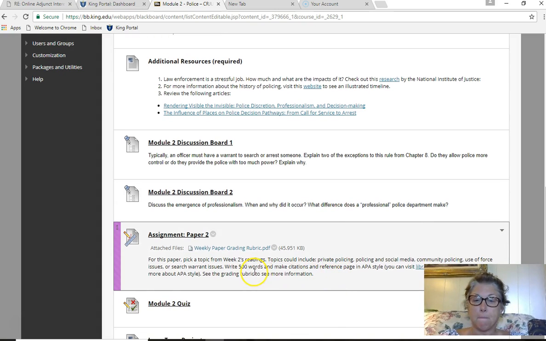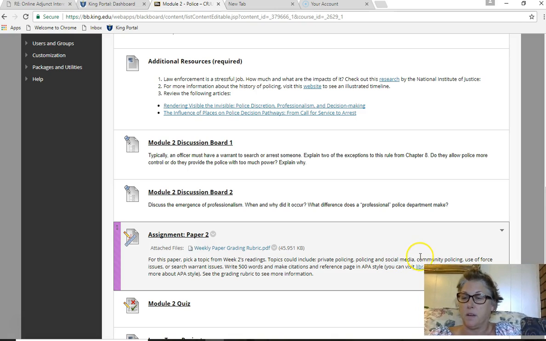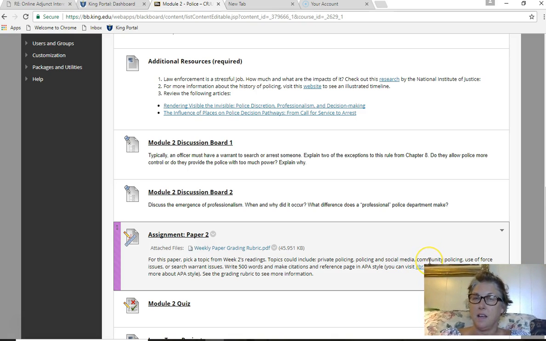Let's see. Assignment 2. Everybody did really well on that assignment as well, because everybody again picked a topic. And like I said, I noticed a lot of people picked community policing, and community policing is actually not a new term.